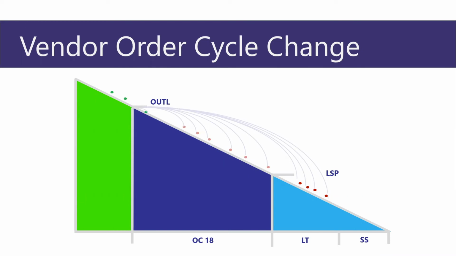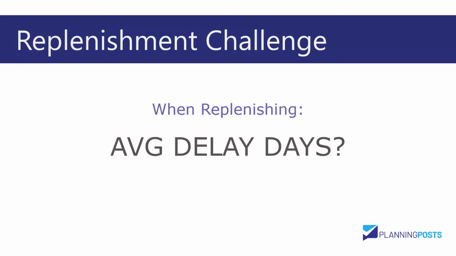Now, one thing to watch, if you don't have a smart strategy, even if you do or don't, here's a number we want you to start to watch. For those with an advanced system that can pull it off, when you replenish a line, start to watch what the average delay days is across all of your items. As we like to say, an average dollar weighted delay days, right?